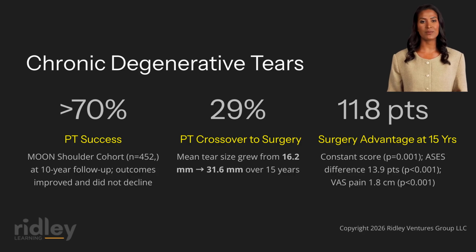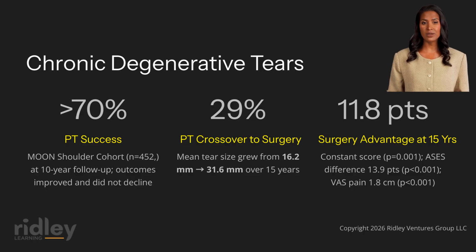However, the longest-term comparative data from the Moosmeyer 15-year randomized trial showed that primary tendon repair yielded superior outcomes compared to physiotherapy, with a clinically meaningful difference of 11.8 points for the constant score, reaching strong statistical significance and almost certainly reflecting a true treatment effect rather than chance, 13.9 points for the ASES score, also reaching strong statistical significance and reflecting a substantial and reliable treatment advantage, and 1.8 centimeters on a 10 centimeter visual analog scale for pain, again reaching strong statistical significance, all measured at 15 years.